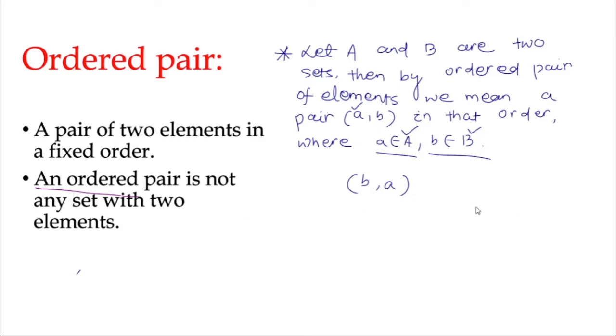Let me take a set, 1 comma 2 are its elements, and also there is an ordered pair 1 comma 2. This is an ordered pair and this is a set. In the first case, the difference we can note down is that in case of a set the order does not matter.